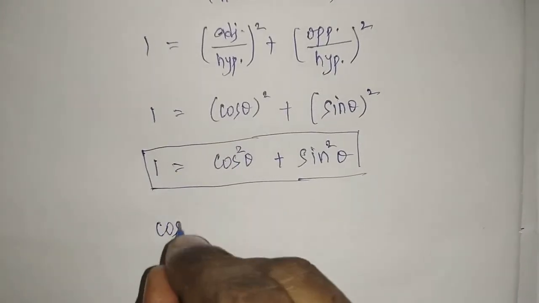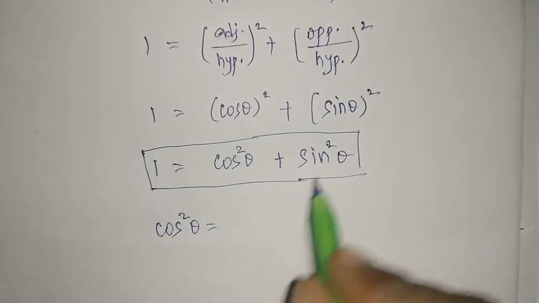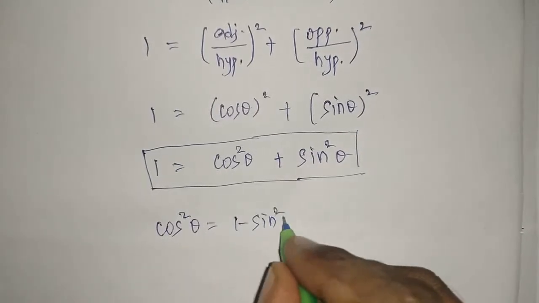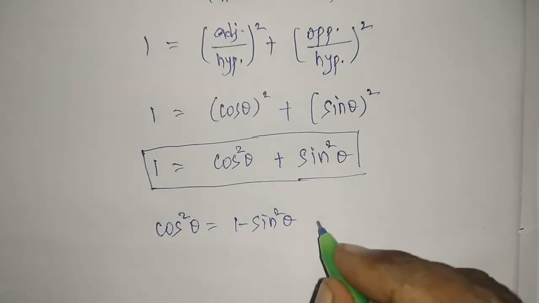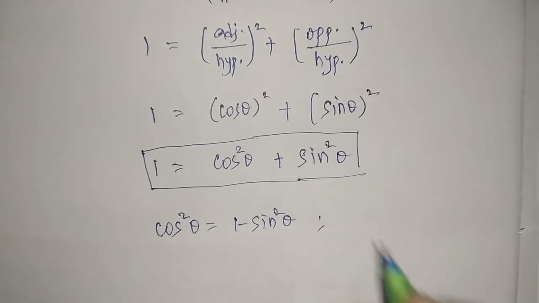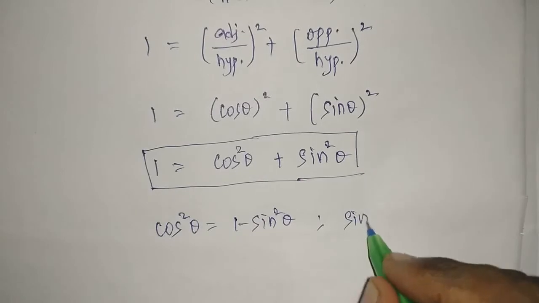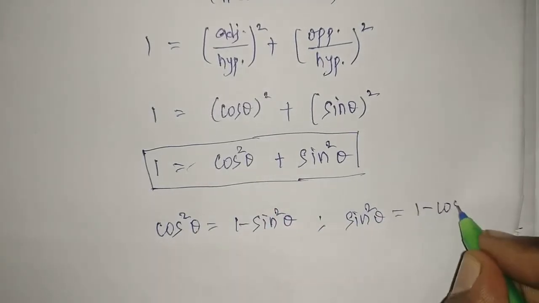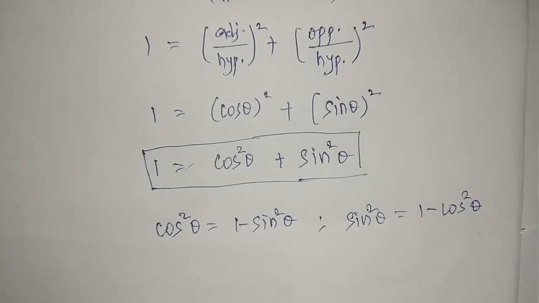If we need just cos square theta alone, send sin square to the opposite side, then you will get 1 minus sin square. Understand? Or if we need only sin square, send cos square to the opposite side, then you will get 1 minus cos square. Like that we can get these two.